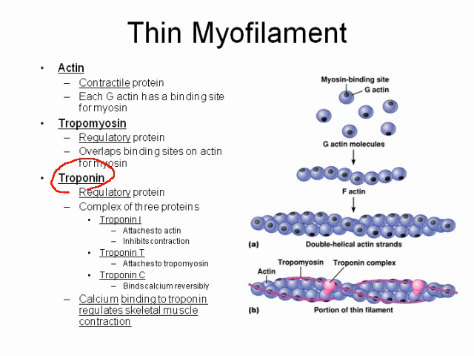Troponin is this large pink structure shown here. It's actually a complex of 3 proteins. It is also a regulatory protein. Troponin T binds to tropomyosin. So it's what actually anchors the troponin to the tropomyosin. Troponin I attaches to the actin and inhibits the contraction.